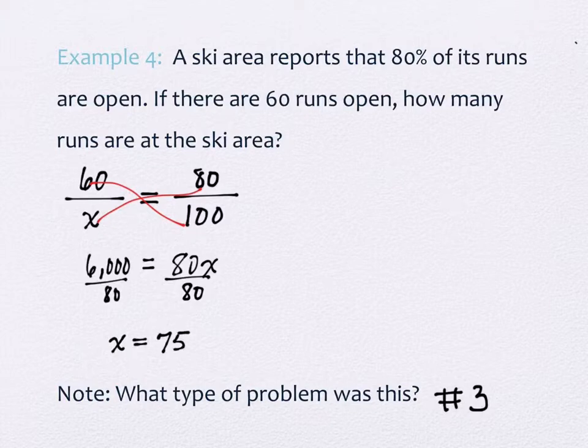And just like on the last problem, when I put a dollar sign, I need to put units on this one as well. 75 what? Runs or ski runs or lanes or any of that's fine, I don't care. But yeah, I think they call it runs in our actual problem. So we'll do runs, 75 runs. Okay, everybody good with that? Okay.